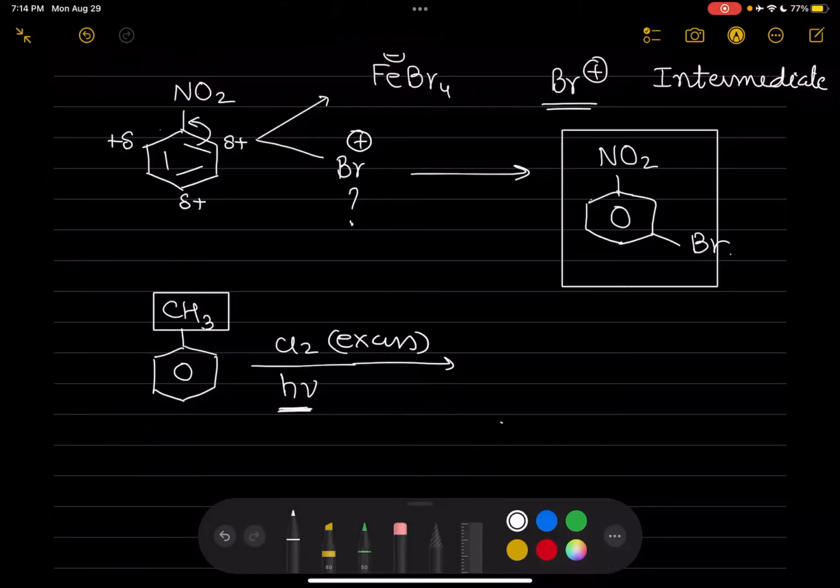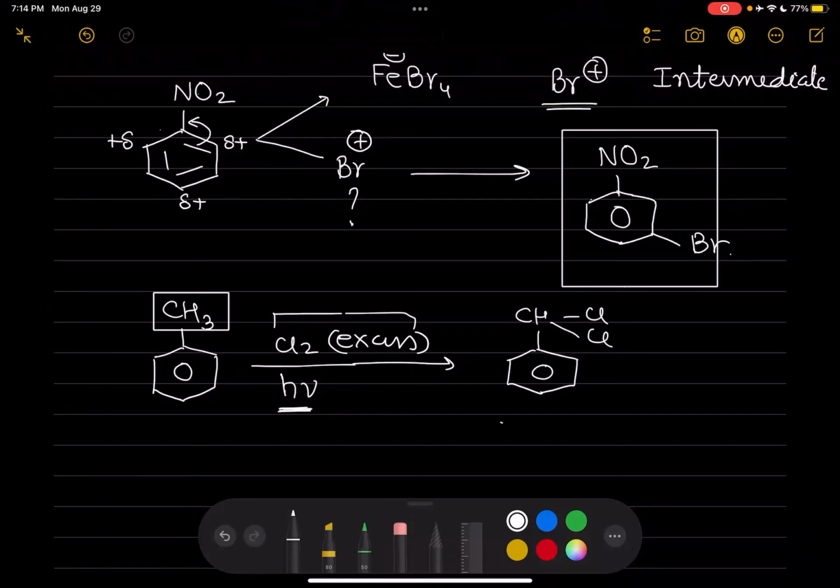Suppose I connect one, it becomes CH2Cl. But I have taken chlorine in excess, so more Cl atoms are left. So one more hydrogen will be replaced by Cl.